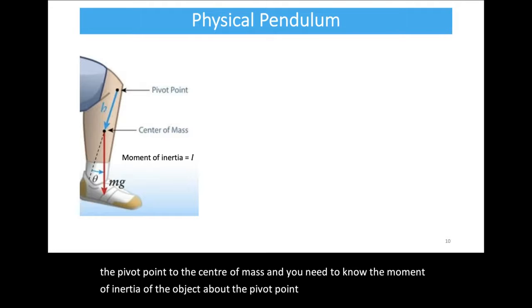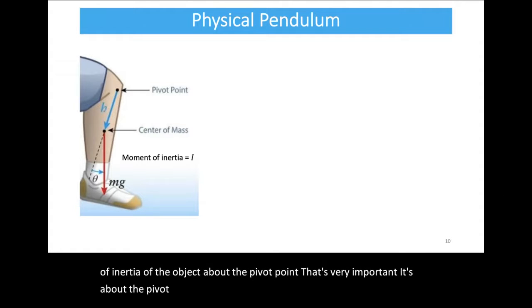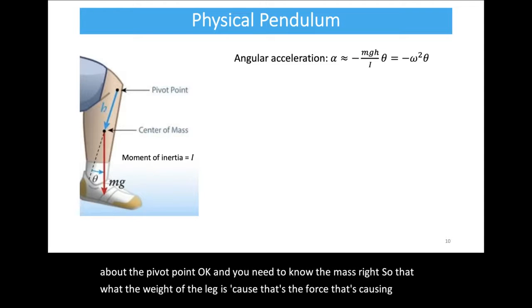So it's very important, it's about the pivot point, okay? And you need to know the mass, right? So that you know what the weight of the leg is, because that's the force that's causing the torque.